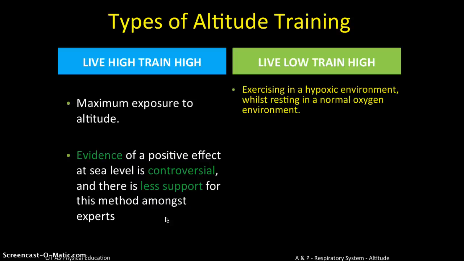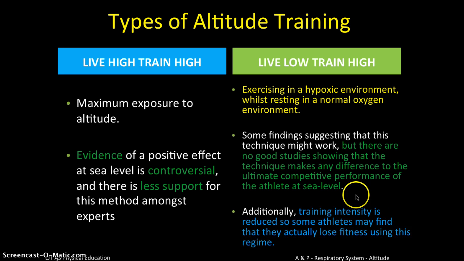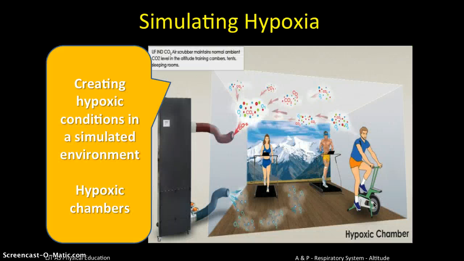Then you can create hypoxic environments where essentially you simulate altitude, or maybe you travel up to somewhere of a higher region to do your training. But again, there's mixed results as to whether this is beneficial. And actually, when you're trying to train in high altitude situations, you'll find you can't essentially work as hard, and this can almost be counterproductive.